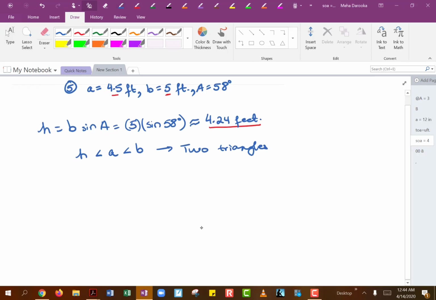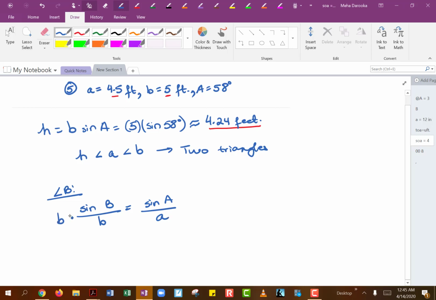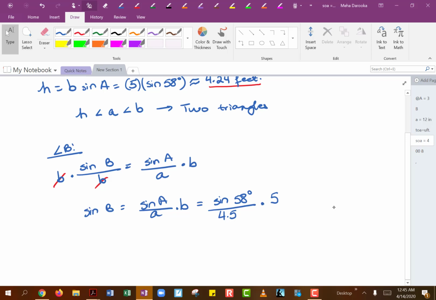Okay, so let's talk about finding that angle B. We do sine of B over side B equals sine of A over side A. We multiply small b on both sides to get sine of B by itself.